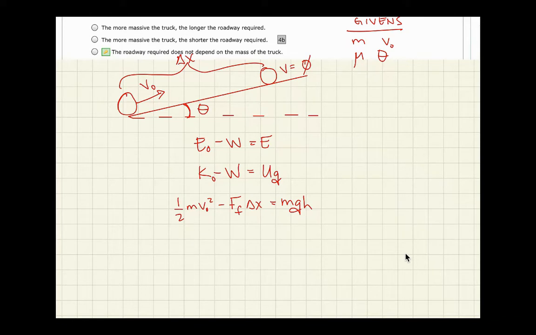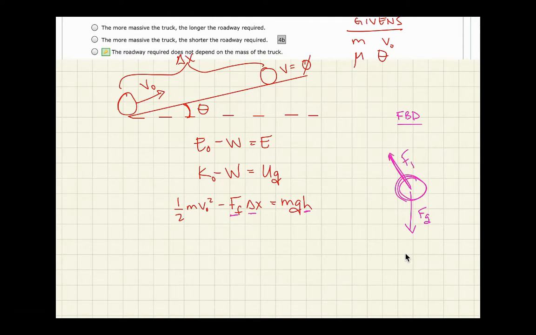Now, a couple of things here. Right now, I don't know what h is. I don't know what delta x is, and I don't know what this force of friction is. So we need to figure those things out. First off, let's do force of friction. Free body diagram for my truck would look like this. Gravity.